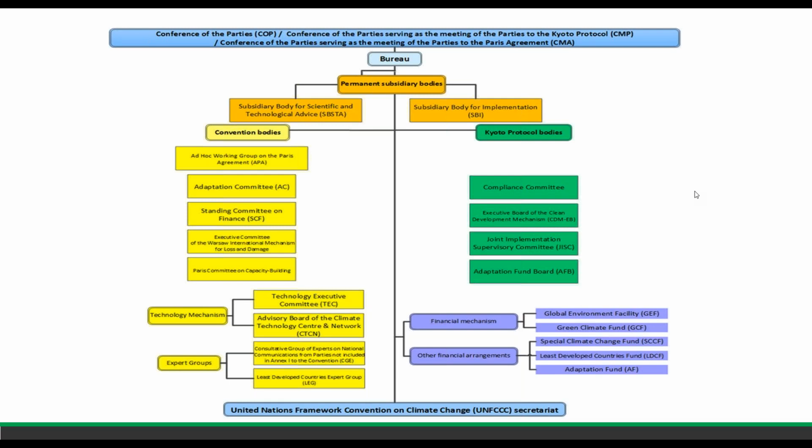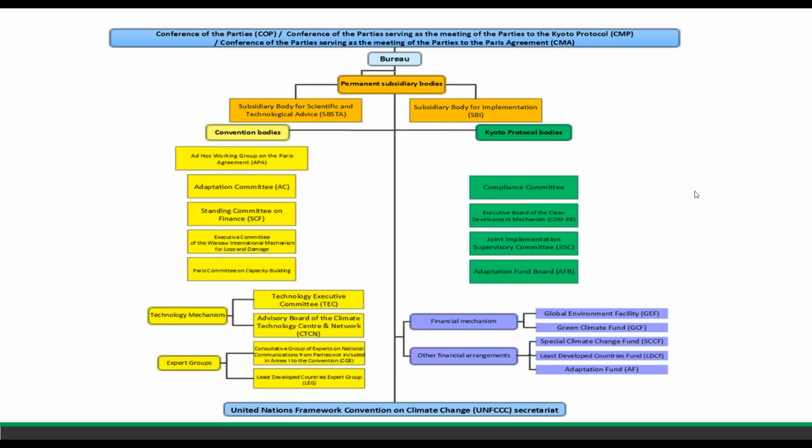And there might be agenda items where the COP or the CMP or the CMA will deal with that agenda item directly. More likely, though, a number of those agenda items are going to be forwarded to the permanent subsidiary bodies. And this is really where most of the work under the UNFCCC happens.